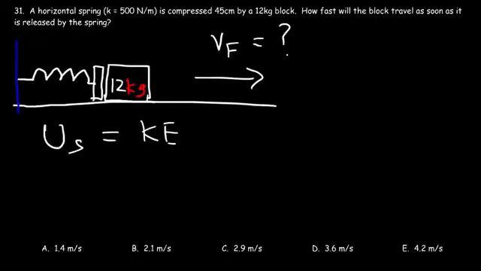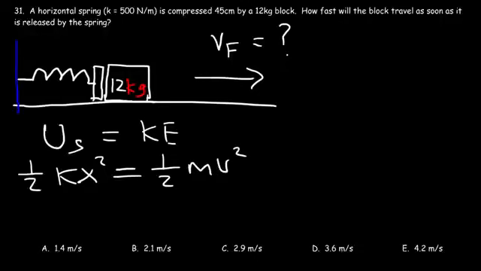The elastic potential energy of the spring is 1/2 kx squared, where k is the spring constant, x is the amount that it's stretched or compressed relative to its natural length. The kinetic energy of the block is 1/2 mv squared. So we can cancel the fraction if we multiply both sides by 2.